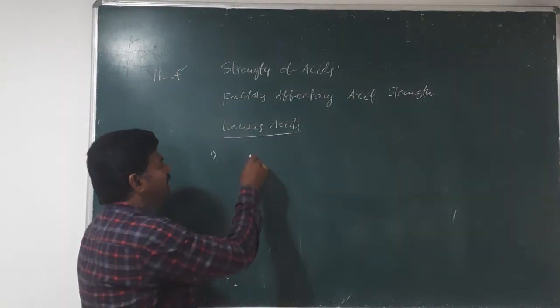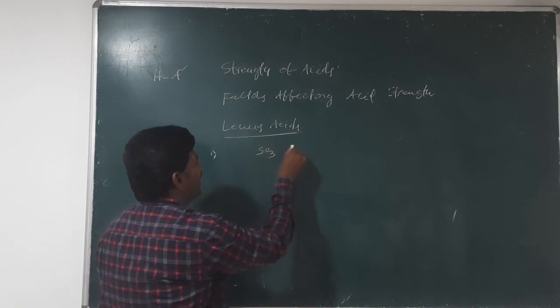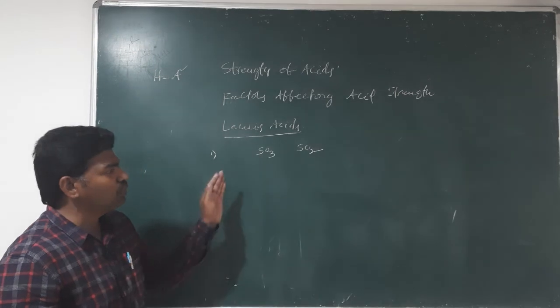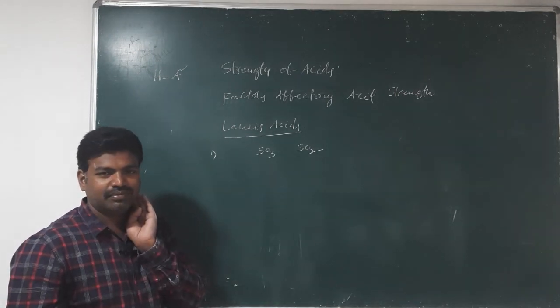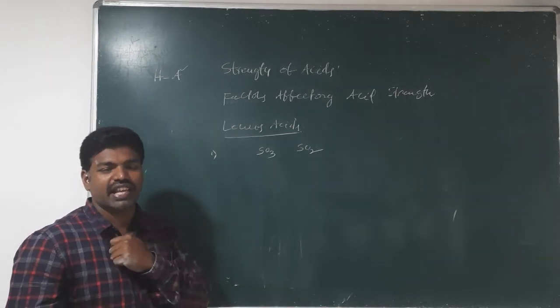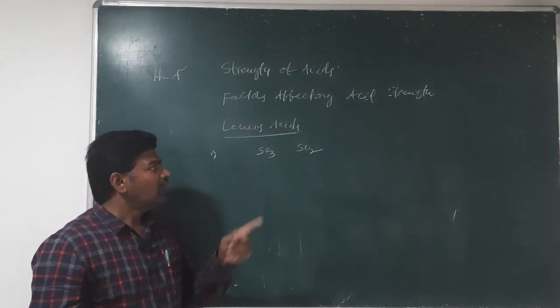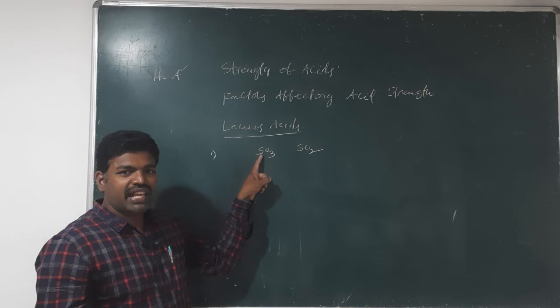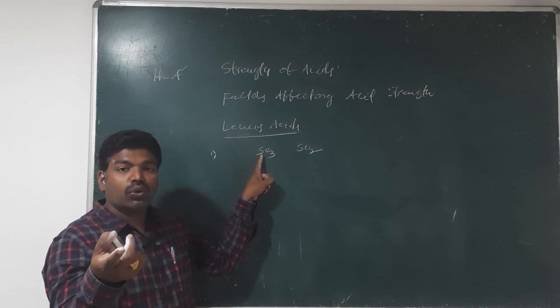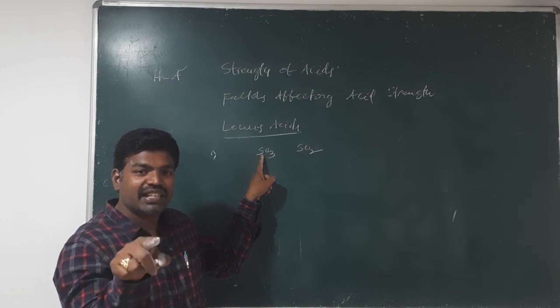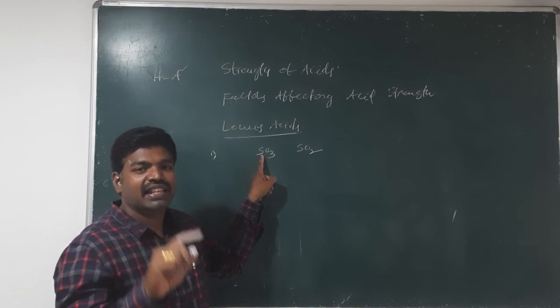For example, if you take SO3 and SO2, those two are Lewis acids. Which is the strongest Lewis acid? Already I told you that the Lewis acid in which the number of electronegative atoms attached to the central atom increases, Lewis acidic strength increases.